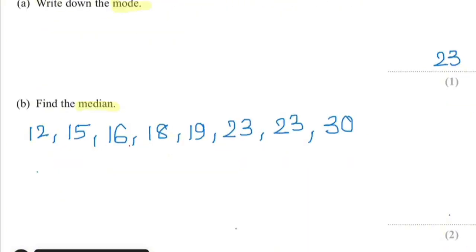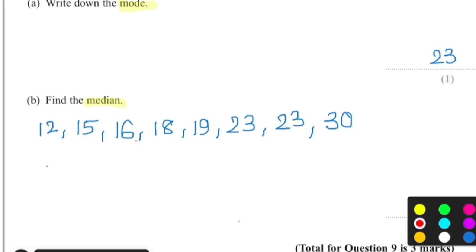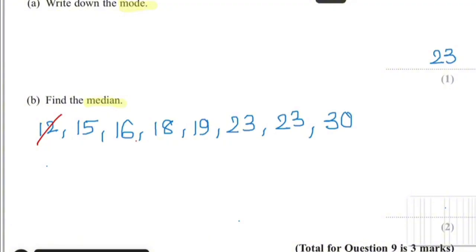Now let's find what are the middle values. Since it's like a positive set of data, which means we are going to have 2 middle values. So to figure out which those are, we can just cut one from each side until 2 are left behind, and those 2 is 18 and 19.